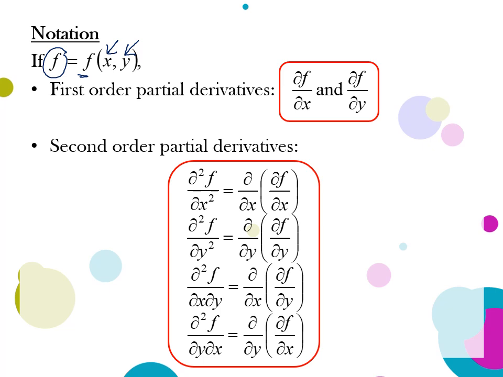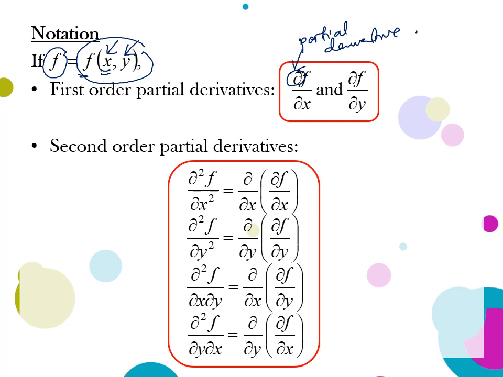For example, if you want to differentiate this function with respect to x, we will write del f over del x. The del here refers to partial derivative.